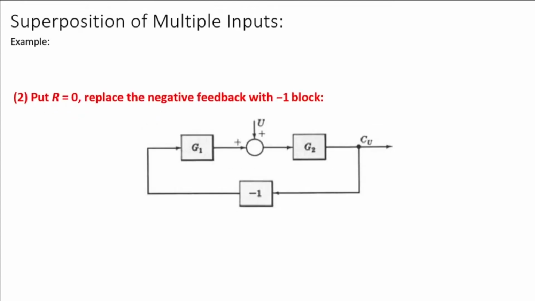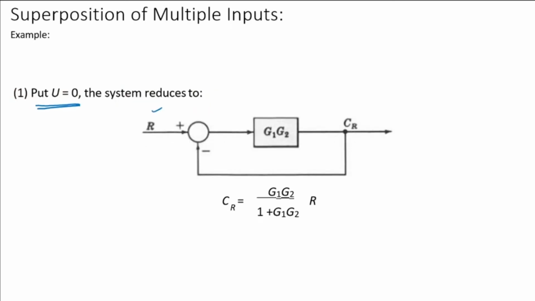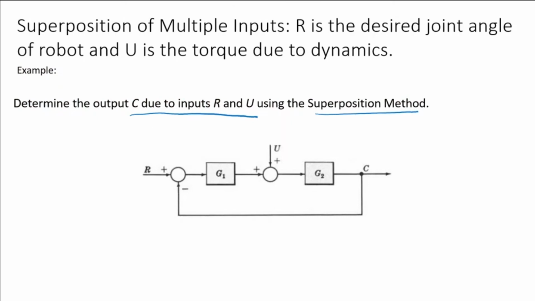Next I assume that R is equal to 0, and I find the effect of U. Now something to note here is that there is a plus here and a plus there. So if I make R equal to 0, this input here is a minus, and I have to take that into account.